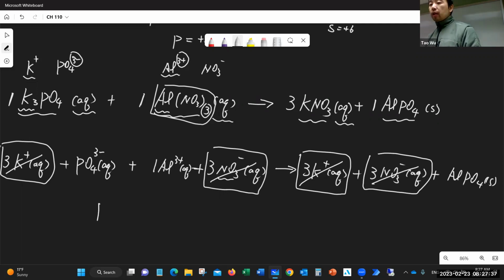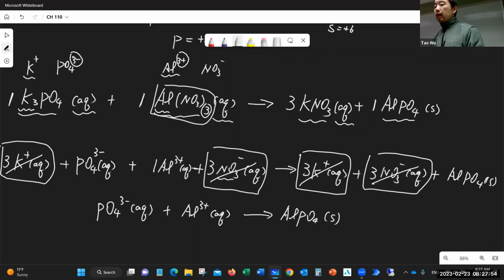The leftover is just a phosphate ion reacting with aluminum ion. Then they're going to form aluminum phosphate solid. That's it.